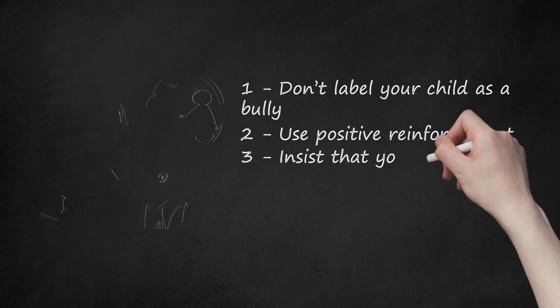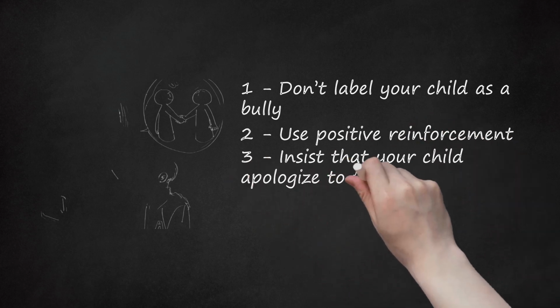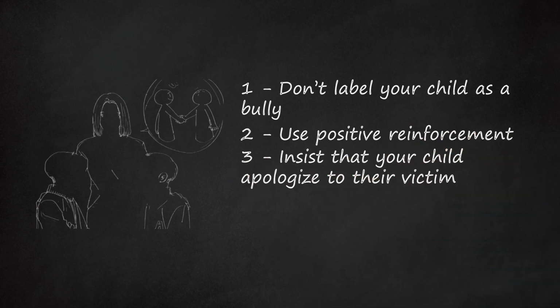3. Insist that your child apologize to their victim. If your child has bullied someone else, it is important to make them take responsibility for their actions. The best way to do this is to arrange a meeting between your child and the person they victimized. If you see the bullying firsthand, you should intervene immediately to make your child say, "I'm sorry," to the person they were bullying.